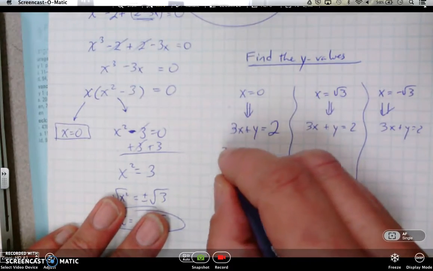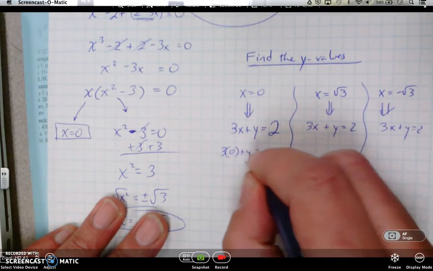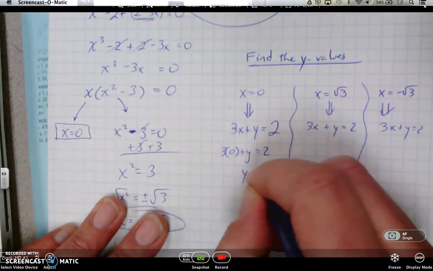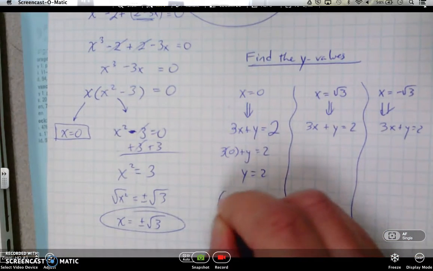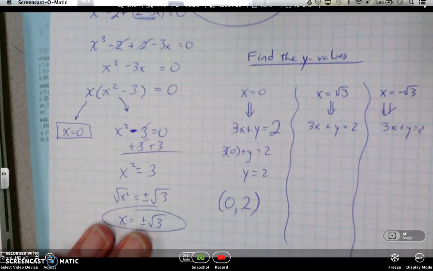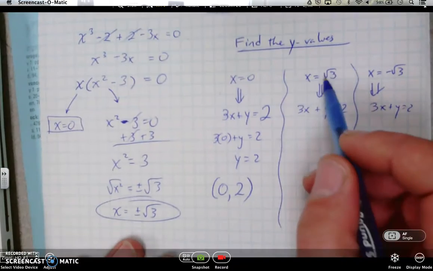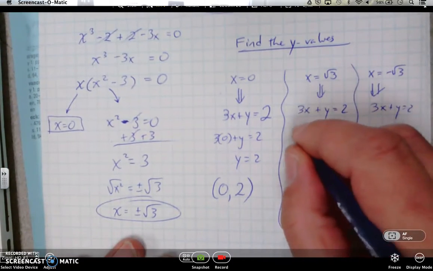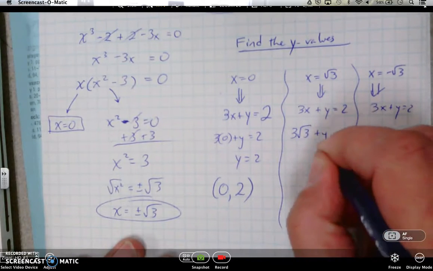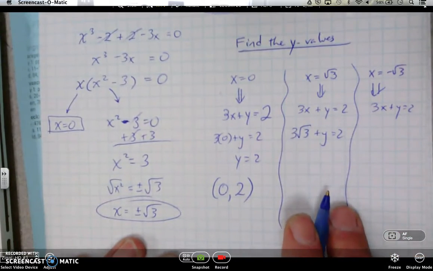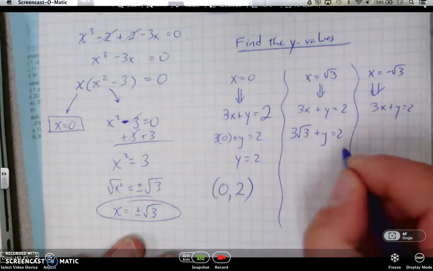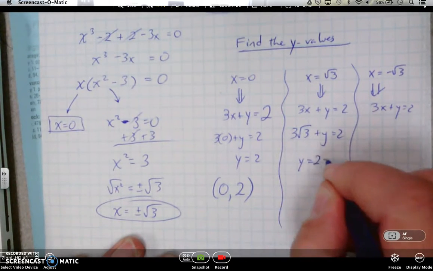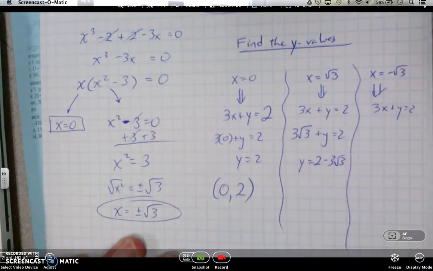So if we plug 0 in here, we get 3 times 0 plus y equals 2. That's just 0, so you just end up with y equals 2. So x was 0, y was 2. That's one of your points. For this point, you plug in the square root of 3. You're going to have 3 times the square root of 3 plus y equals 2. You can't do any more simplifying. So move it to the other side, subtract it from both sides. Get 2 minus 3 rad 3.